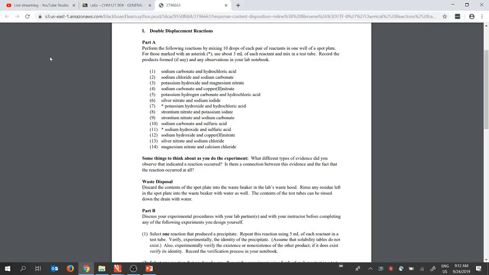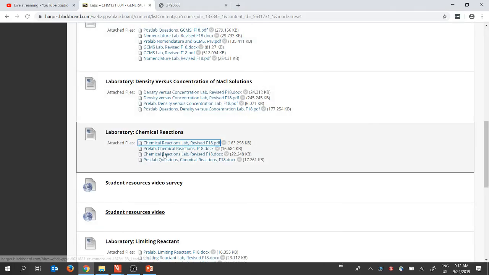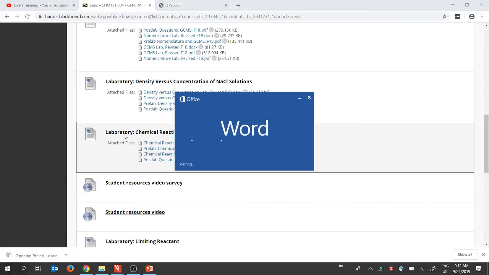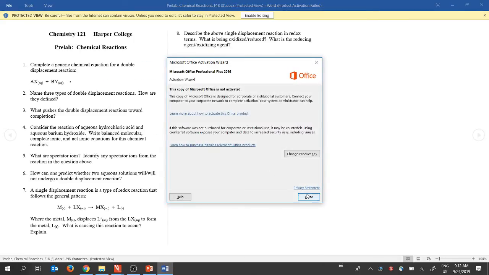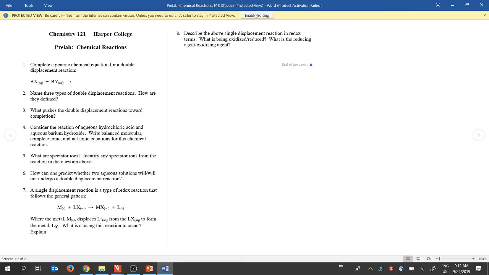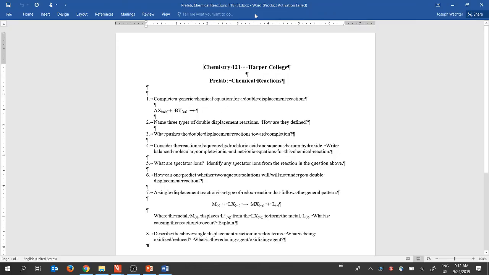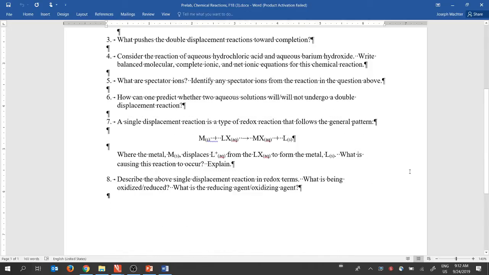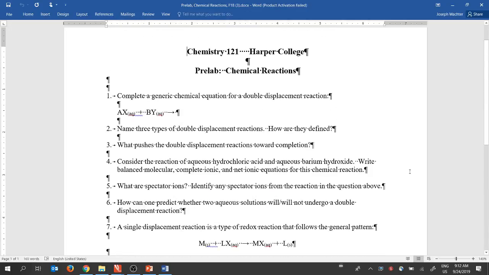So here's what you need to do pre-lab preparation-wise before tomorrow. Pull this up. All right, so there is a pre-lab due before lab tomorrow. Please complete these equations and submit them.